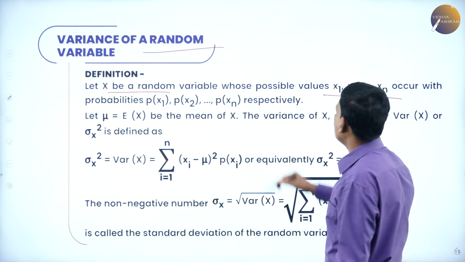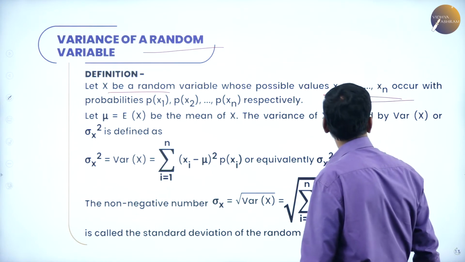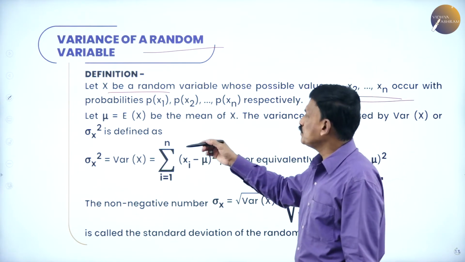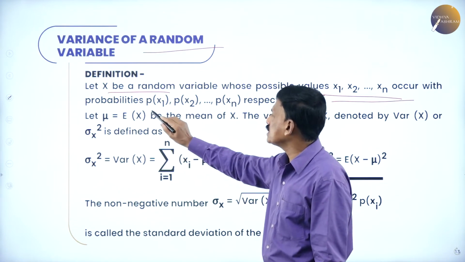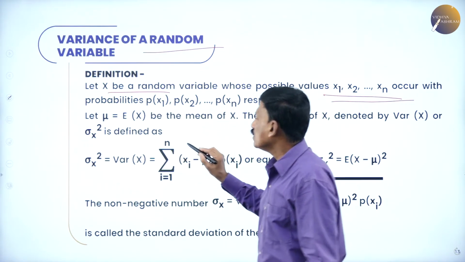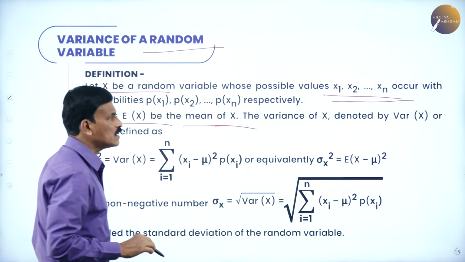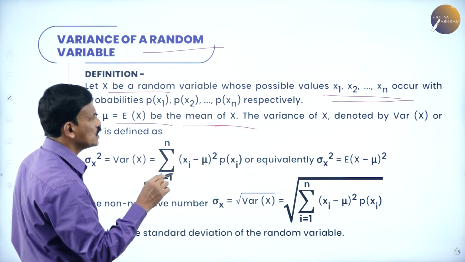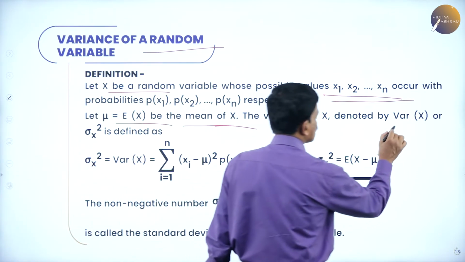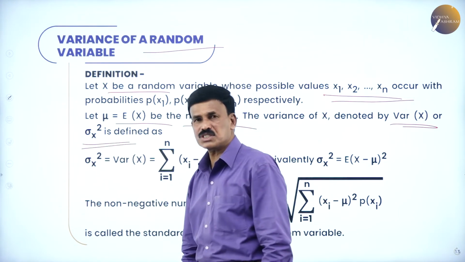The possible values of x are x1, x2, x3, etc., with their probabilities p1, p2, p3, that is p of x1, p of x2, p of xn, etc. Then mu is equal to E of x, the mean of x. The variance of x is denoted as Var(x), or it is also denoted as sigma x square.